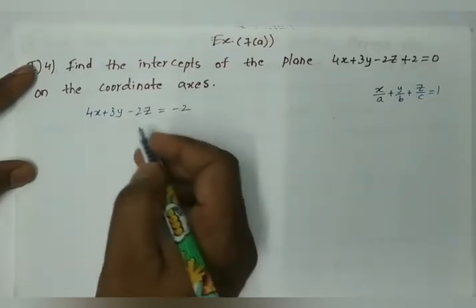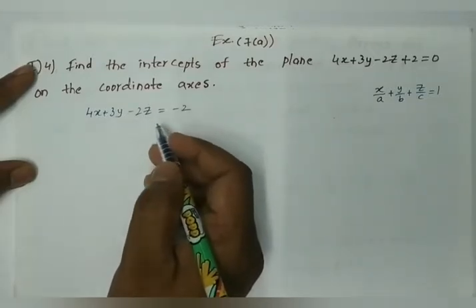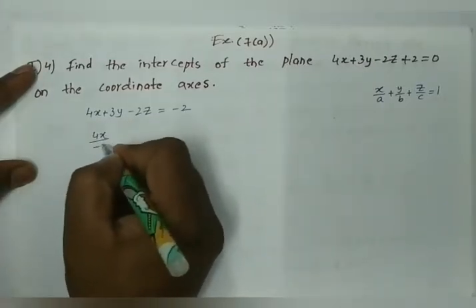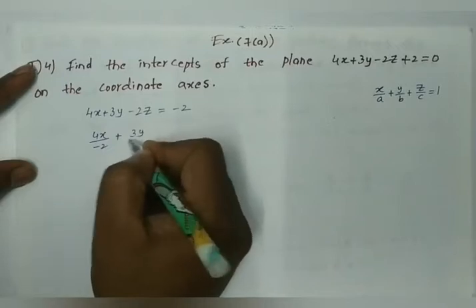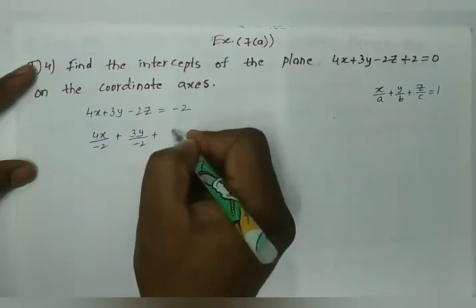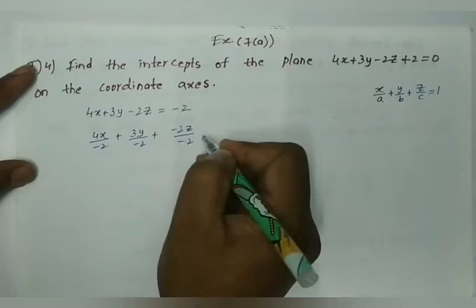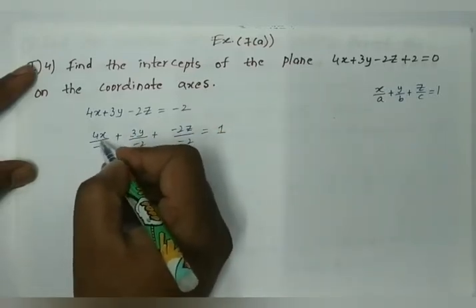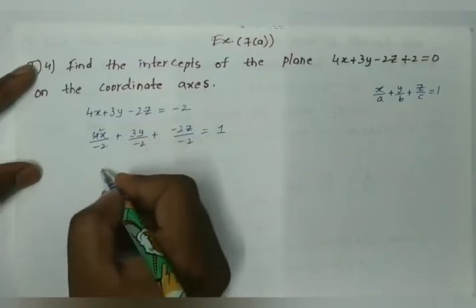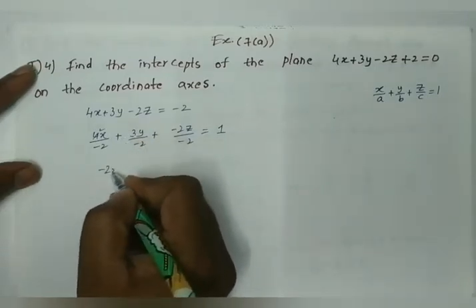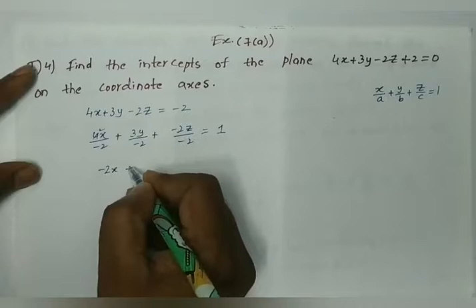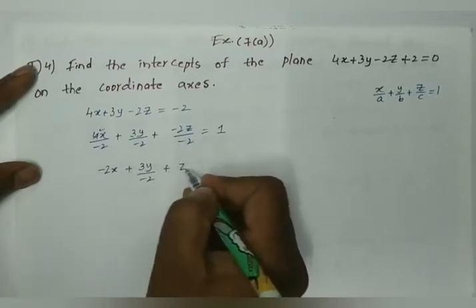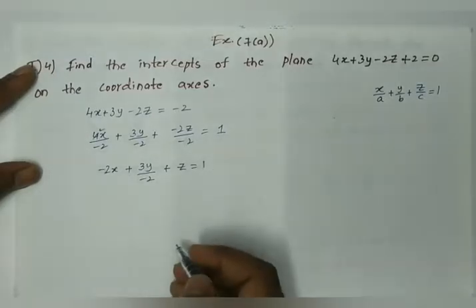Here, by dividing throughout by minus 2, we get 4x by minus 2 plus 3y by minus 2 plus minus 2z by minus 2 is equal to 1. So we get minus 2x plus 3y by minus 2 plus z is equal to 1.